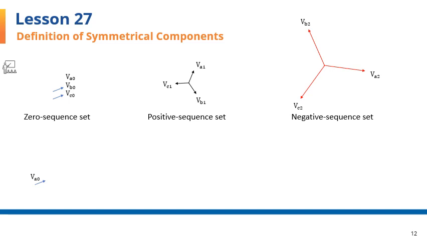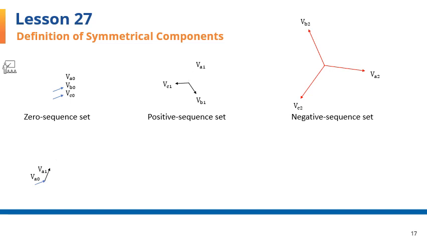And I'm going to add the VA1 to it by putting the start of it to the tip of the VA0. And here it is, VA1 coming from here to down here.